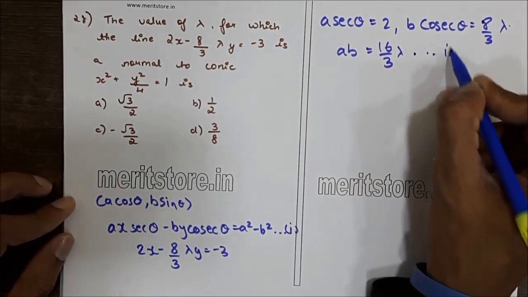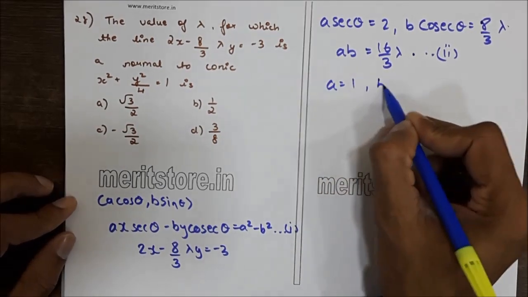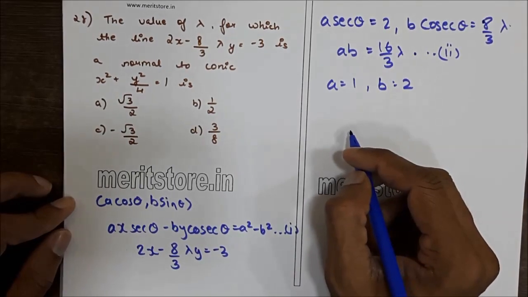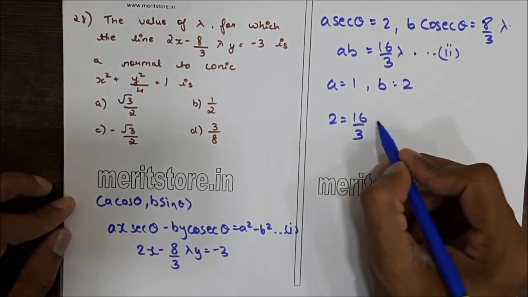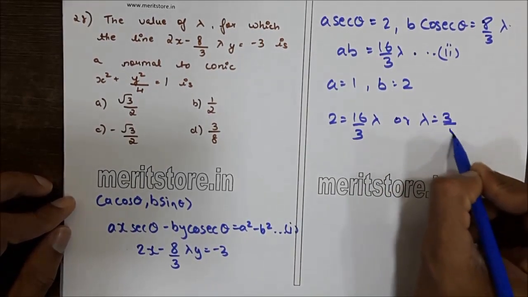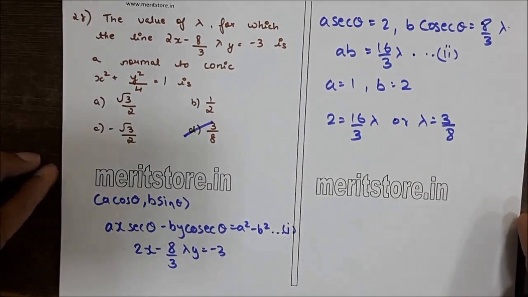Let this be 2, where we get a is equal to 1 and b is equal to 2. So when we substitute this value, we get 2 equal to 16 by 3 lambda, or lambda is equal to 3 by 8, which is our option D. Therefore option D is the correct answer.